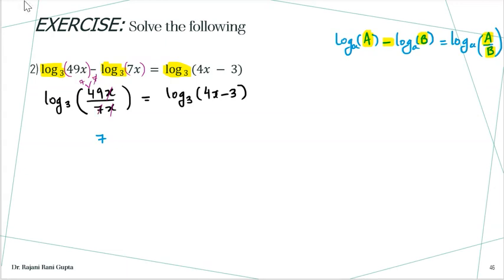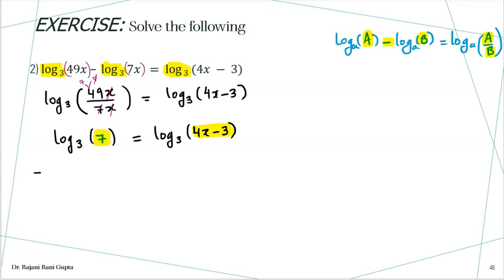And we can cancel one 7 with 7. So here we get the term log to the base 3 of 7 is equal log to the base 3 of 4x minus 3. Again, if we look at the term log to the base 3 of 7 is same as log to the base 3 of 4x minus 3.